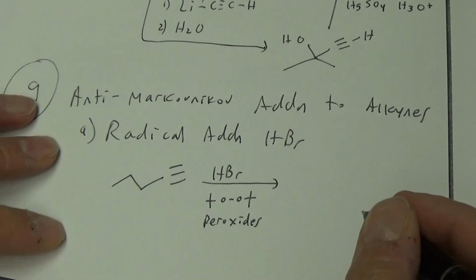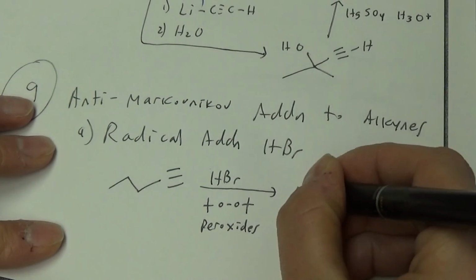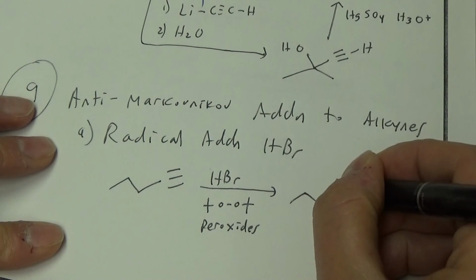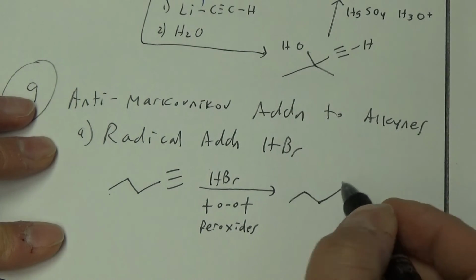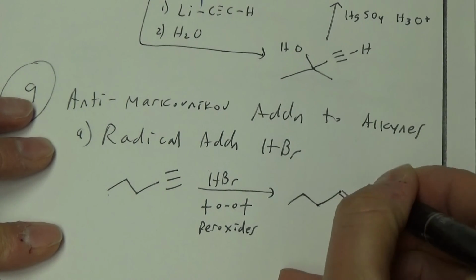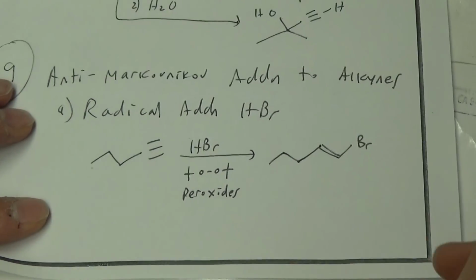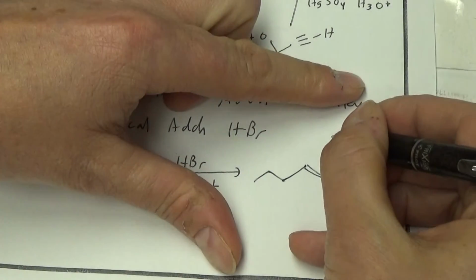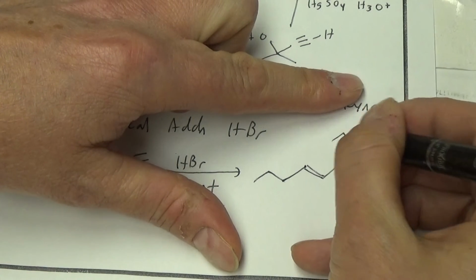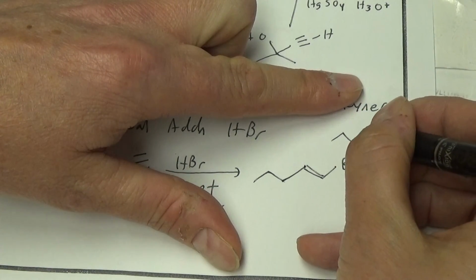Now it turns out when we do this, how many carbons is this? 1, 2, 3, 4, 5. There are two products, two stereoisomers. There's trans, and you might make cis also.